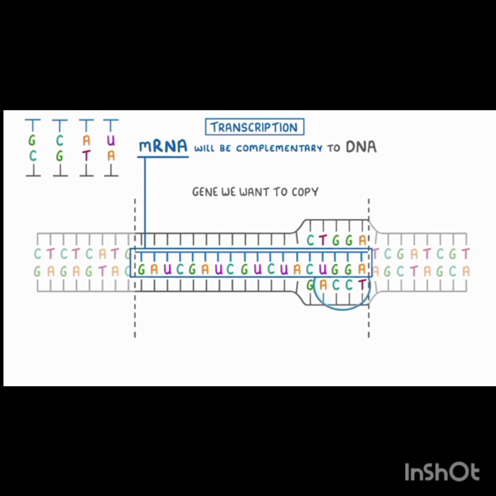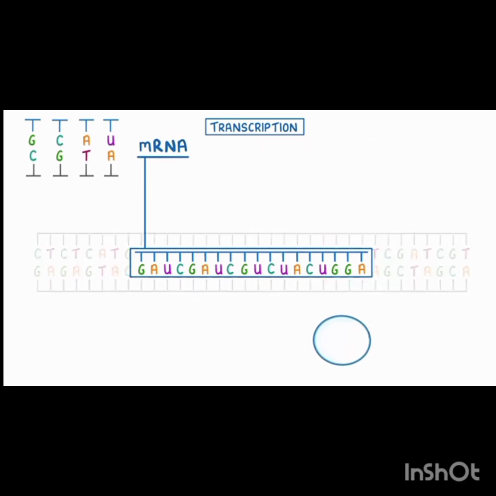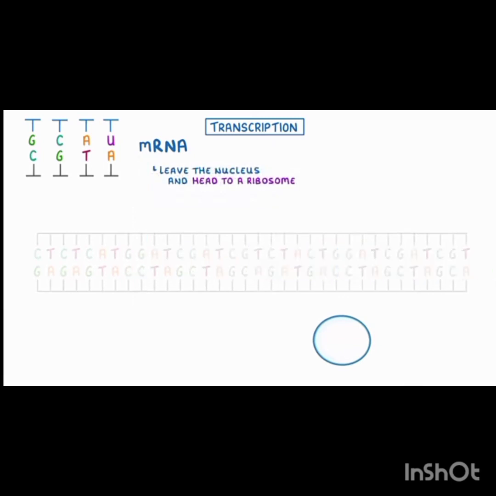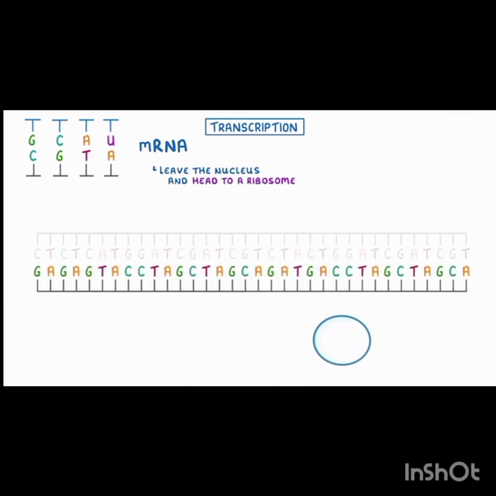Once it has completed reading and preparing the mRNA strand, it separates from the DNA, and the DNA closes up, and we are left with the messenger RNA, which is ready to leave the nucleus and go to the ribosome, where it can be read to prepare the protein.